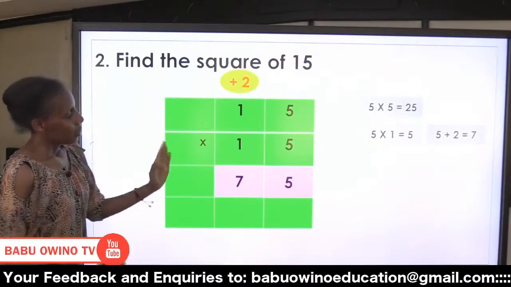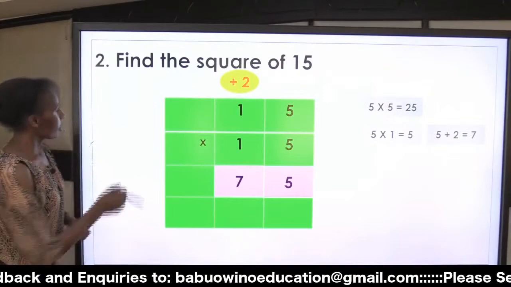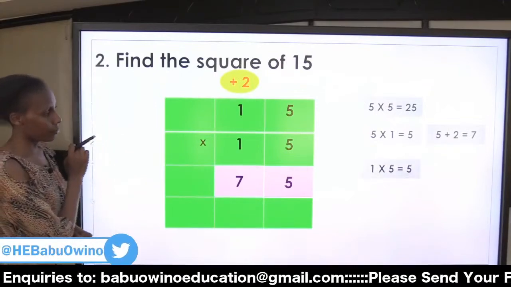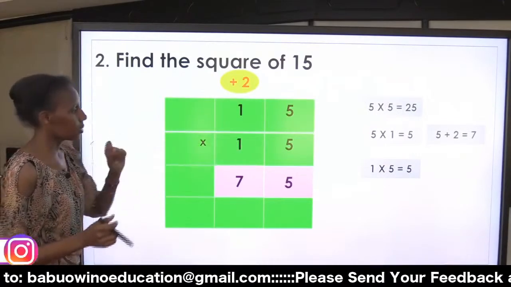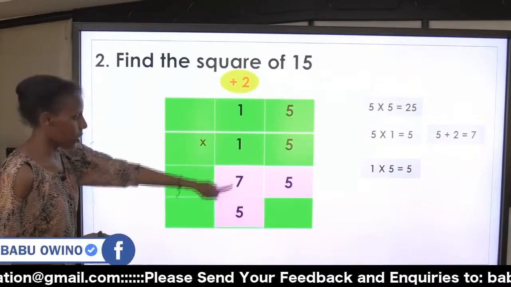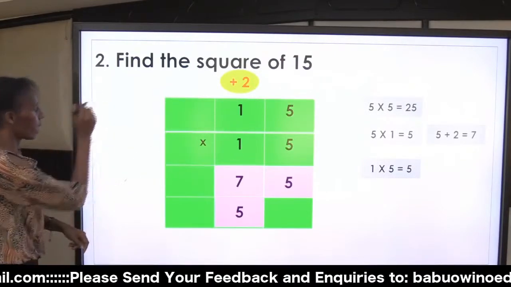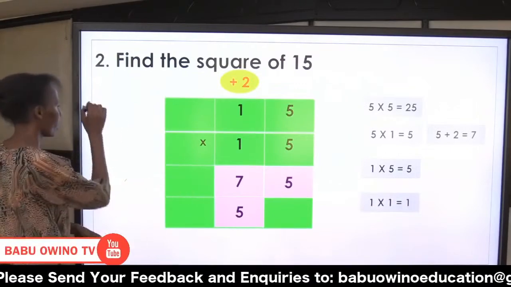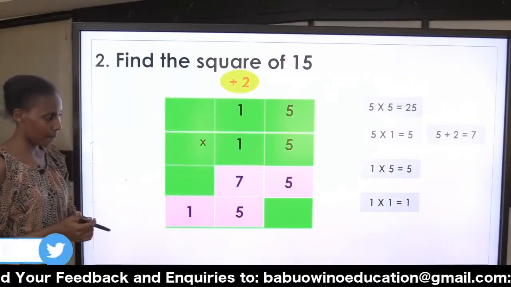I go to the next digit, which is 5 multiplied by 1, or 1 multiplied by 5, and I get 5. Then 1 multiplied by 1 is 1, and I write my 1 here.